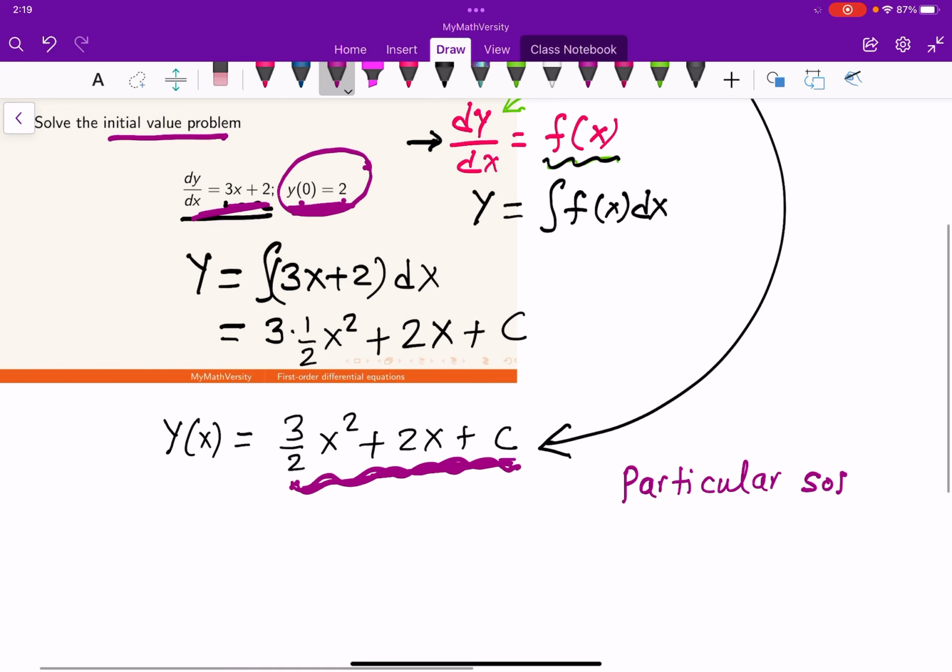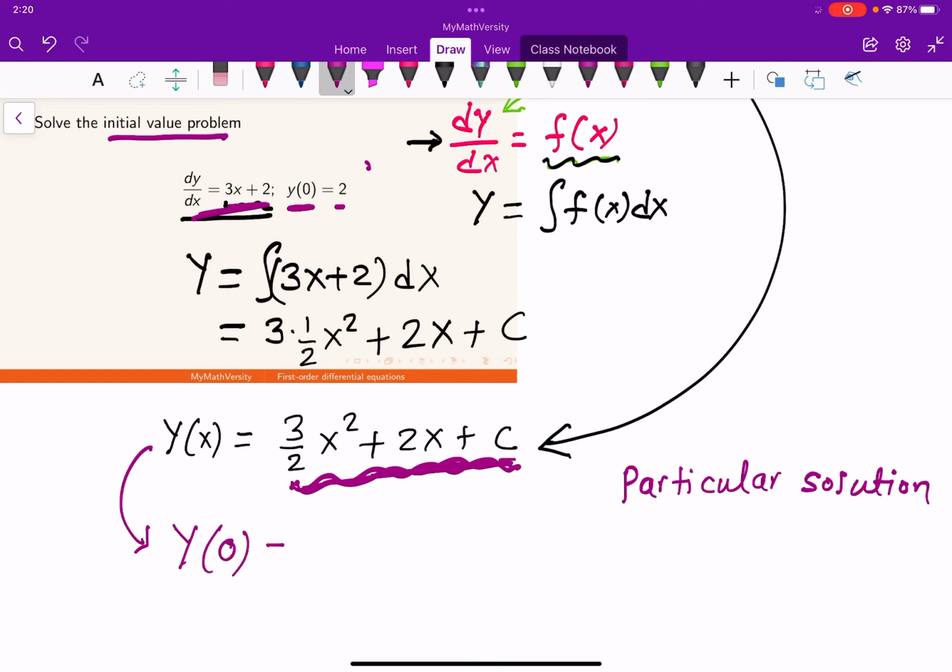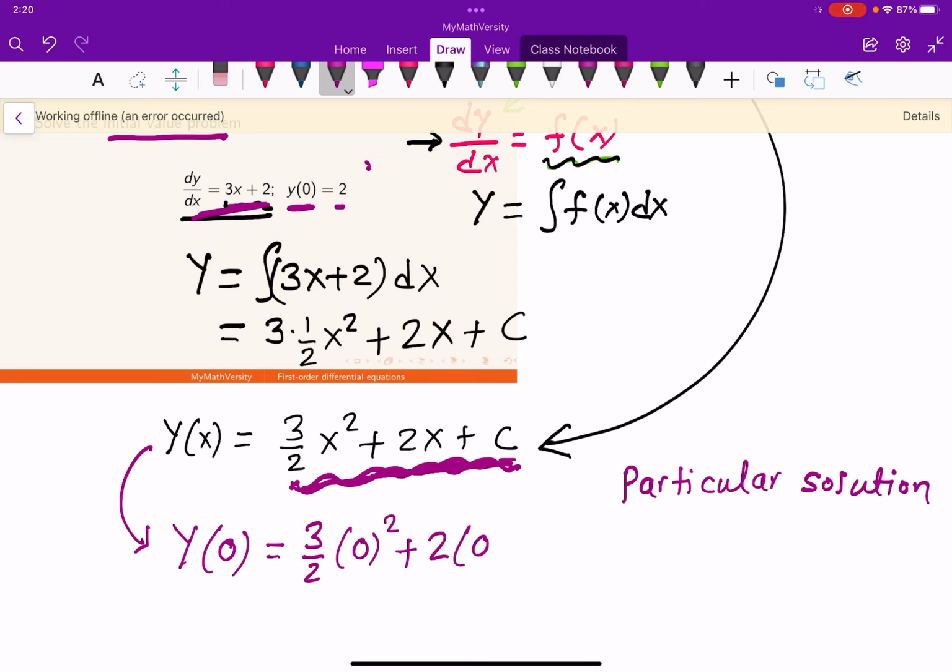So to find the particular solution, let me substitute this condition. It says that when y is evaluated at 0, we get 2. So why don't I evaluate this function at 0? When I evaluate y at 0, replacing x by 0, we get 3/2 times 0 squared plus 2 times 0, plus the constant as it is.